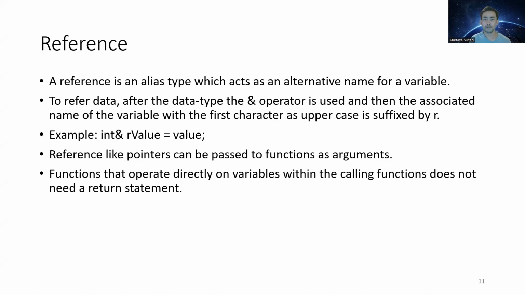The way we reference a variable is that first we write the data type and then the ampersand operator, such as here integer, and then we use R, which stands for reference in lowercase, and the name of the variable with the first character written in uppercase.